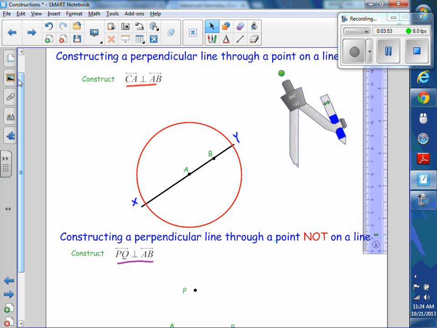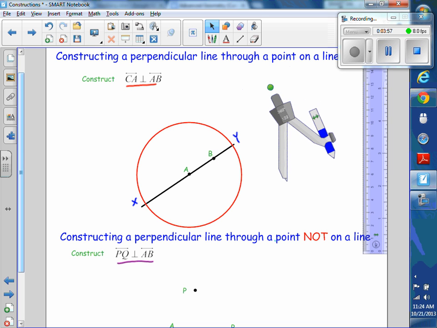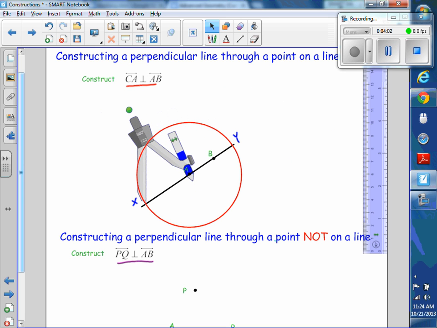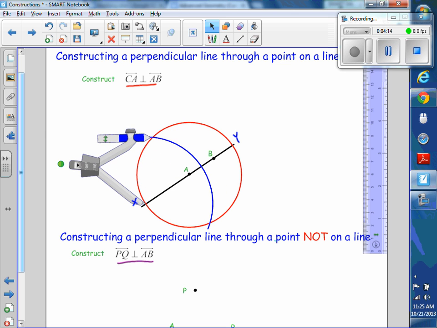So I'm going to put my compass. Remember, every time you do a construction, you use your new intersection points. So my new intersection points are X and Y. I'm going to have to go beyond halfway to get the perpendicular bisector of XY, so I just make either part or all of a circle.